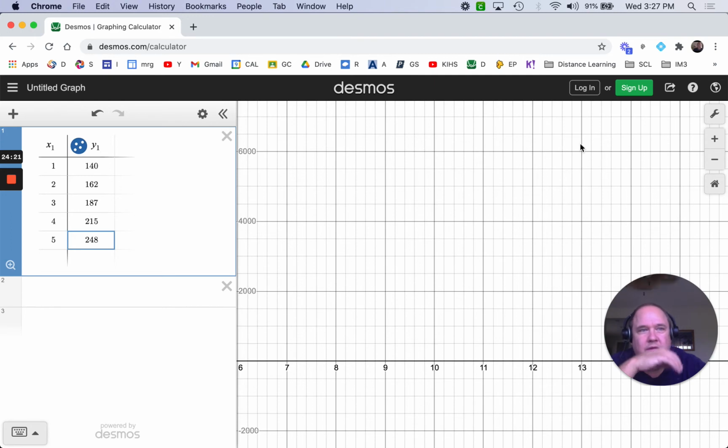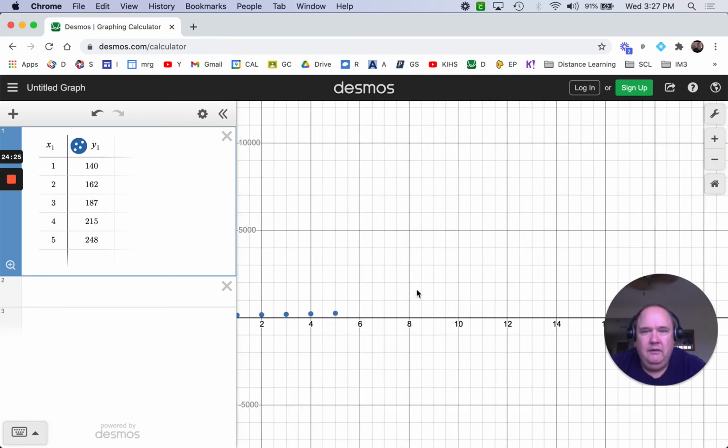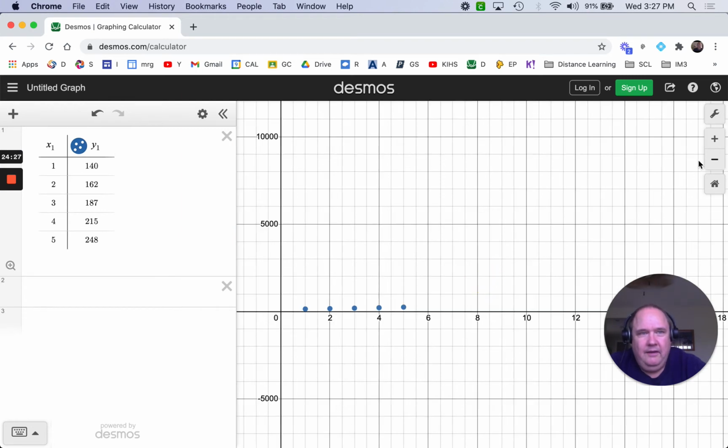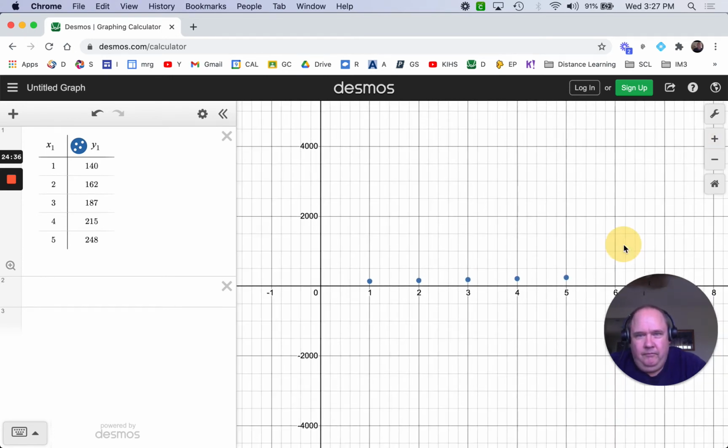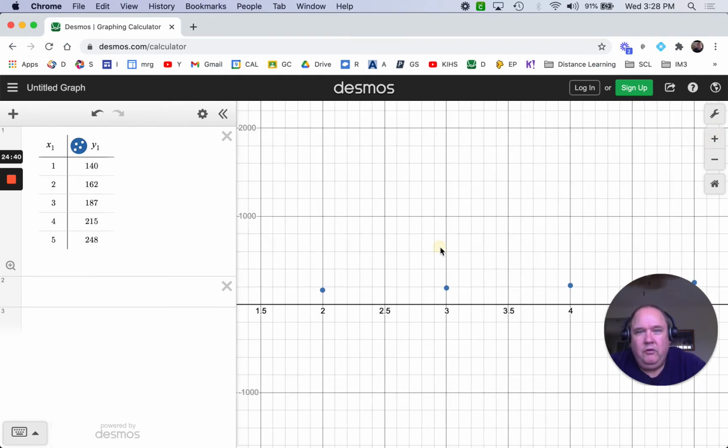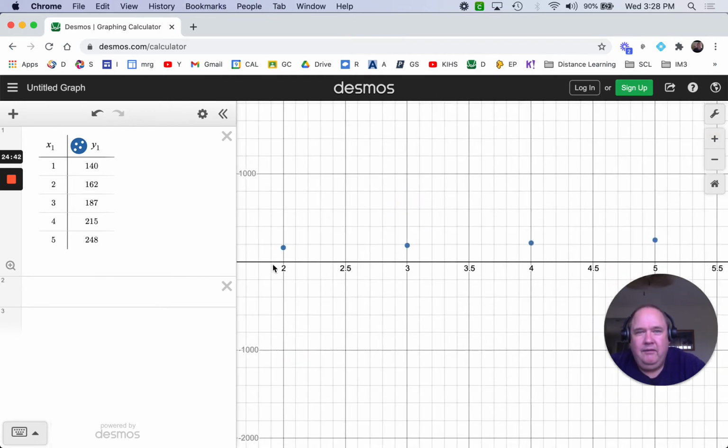And again, if you want to see, you can see here, so we're looking for a model that's going to go right through and match those points.